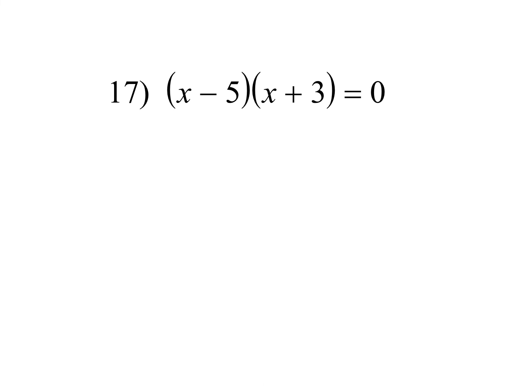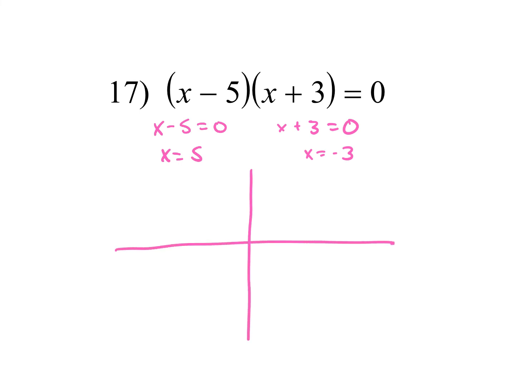17. First thing we do is find our zeros. So x minus 5 equals 0, x plus 3 equals 0. So what does x equal? x equals 5 and x equals negative 3. So on my graph, I'm going to put a point at 5 and a point at -3.